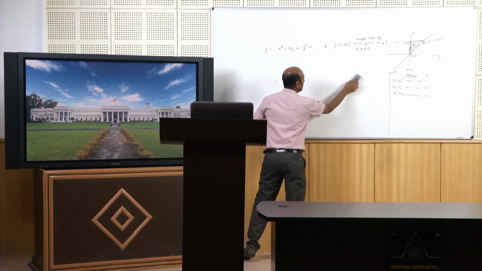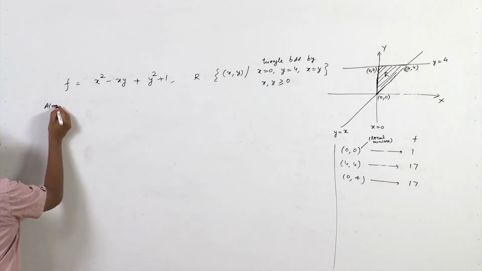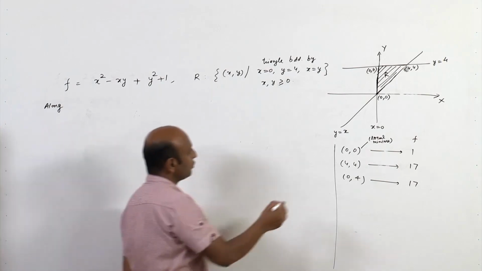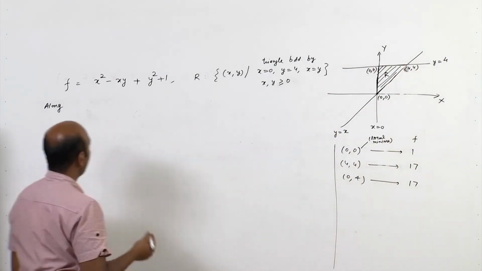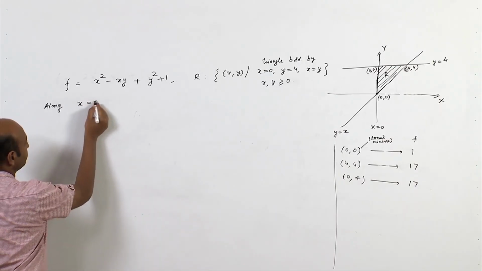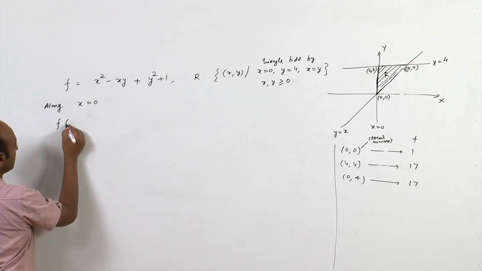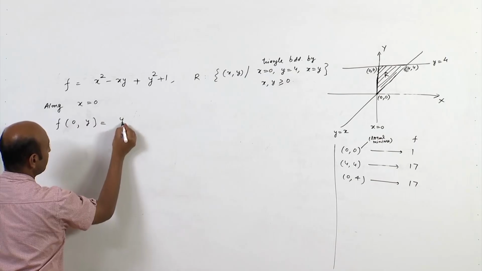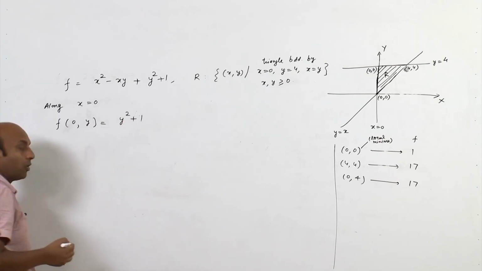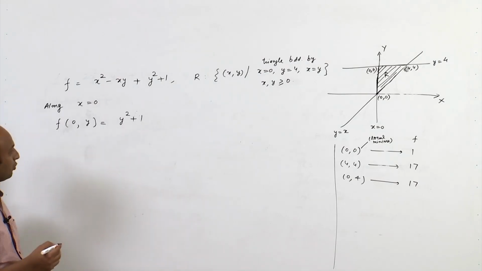Now, we will move along the boundary. There are 3 lines: x equal to 0, y equal to 4 and y equal to x. First, we move along x equal to 0. Then f at 0 comma y will be y square plus 1, and it is a single variable function. To find the maximum and minimum, simply differentiate and put it equal to 0.